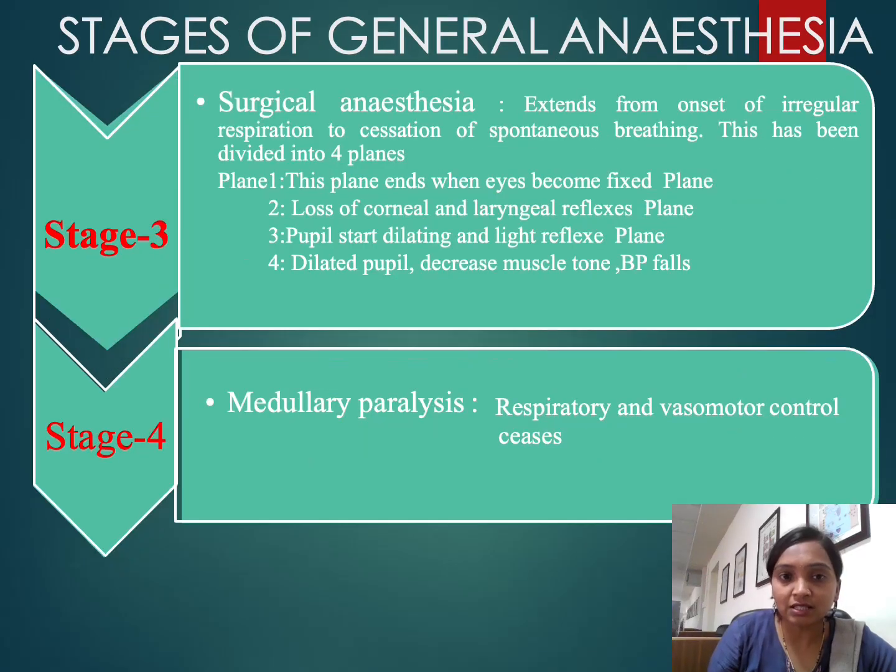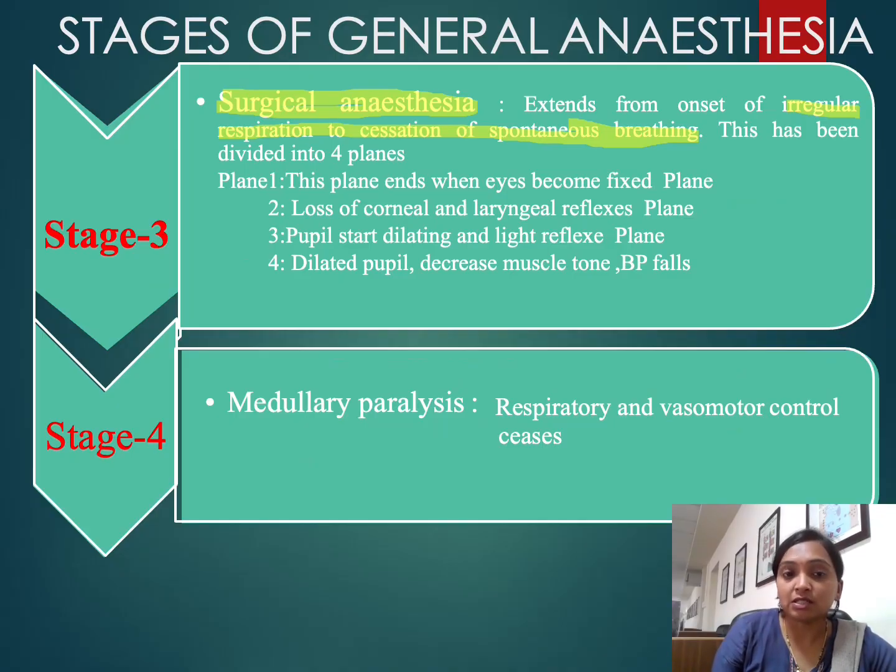The third stage is the stage of surgical anesthesia, and it is during this stage only that we perform surgeries. Here there will be regular respiration, and this is further classified into 4 planes, plane 1, plane 2, plane 3, plane 4, based on the reflexes and eye movement.